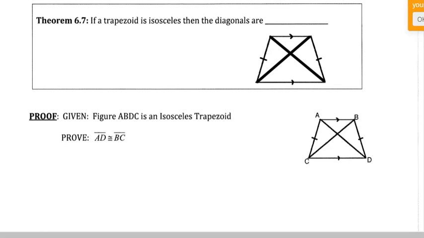Does it look like they're perpendicular? Doesn't seem to be perpendicular, especially if we made this side come further out, because then they're even further away and they're not going to intersect perpendicularly. Does it look like they are congruent? They seem to be congruent.